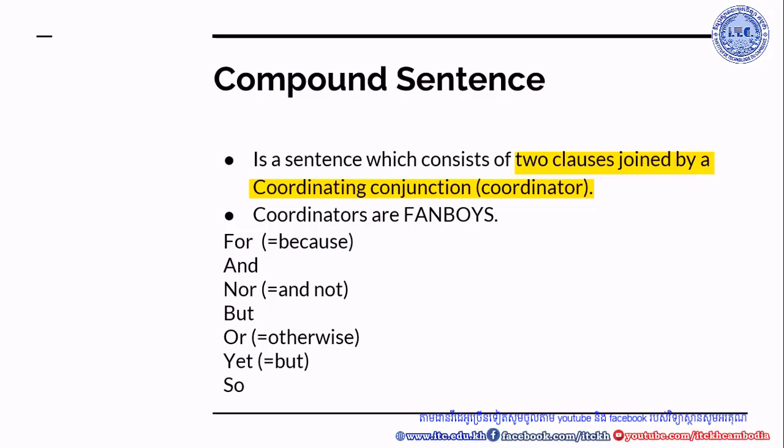And yet is but in a strange sense, and I will explain this later. So for, and, nor, but, or, yet, and so are FANBOYS, and FANBOYS are coordinators. And when you use one of these in a sentence, that sentence is called compound sentence.